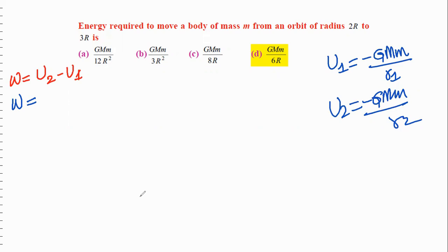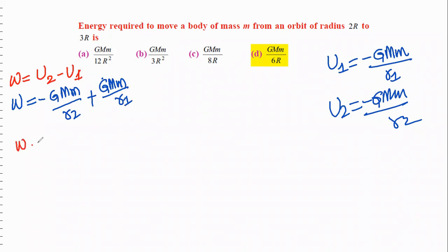Then work done will be equal to minus G capital M small m divided by R2, minus of minus becomes plus, G capital M small m divided by R1.